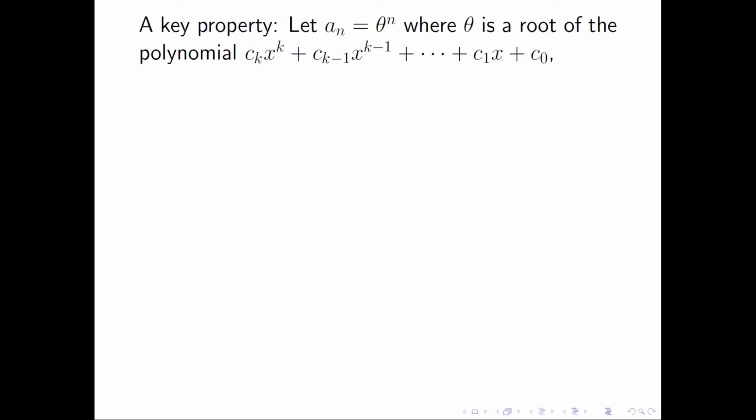Pay attention to the coefficients. Then this sequence will be a linear recursive sequence with the recursive relation like this. The coefficients are determined by the coefficients of the polynomial.